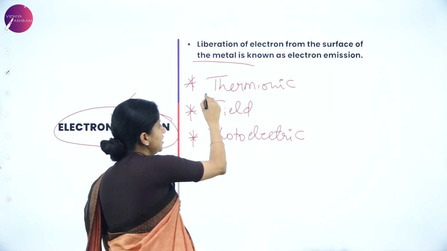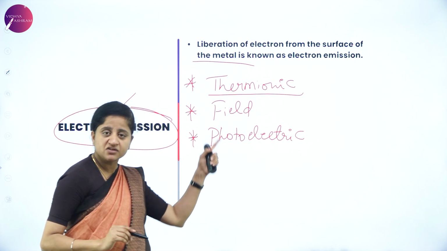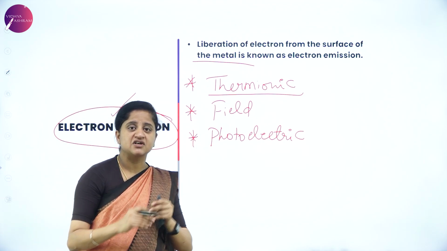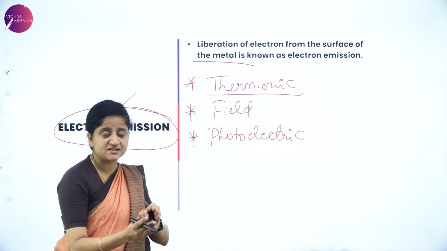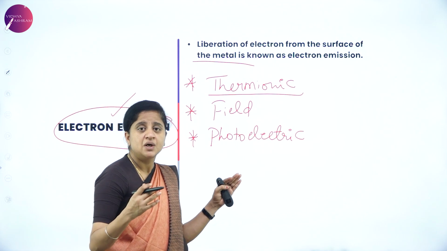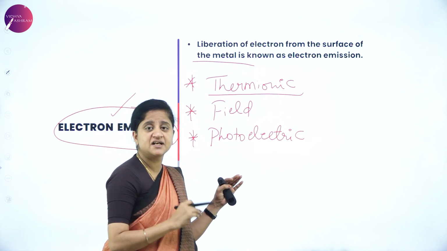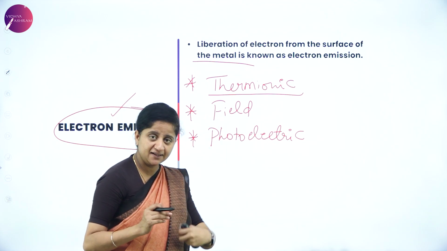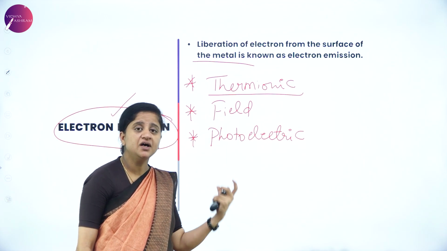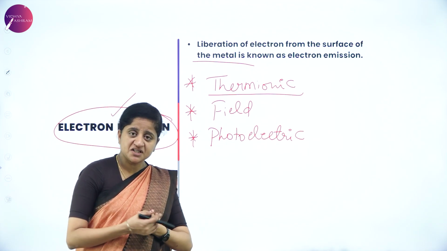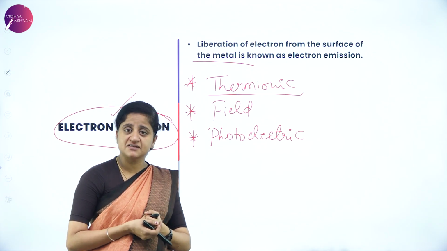So what is thermionic emission? In case of thermionic emission, the electrons will come out of the metal surface, or the electron will liberate from the metal surface when the temperature increases. Because of the temperature, the electrons gain the energy and they come out of the metal surface. Is a normal temperature enough for an electron to come out of the metal surface?